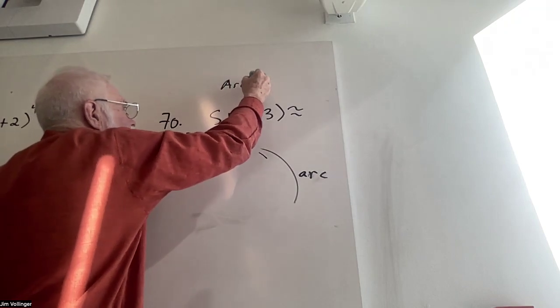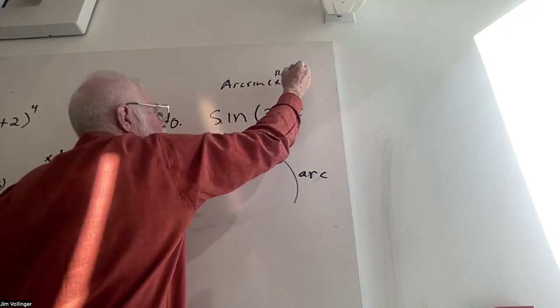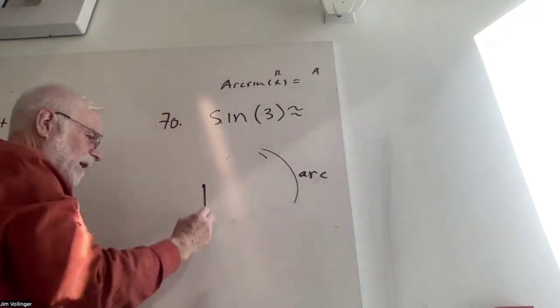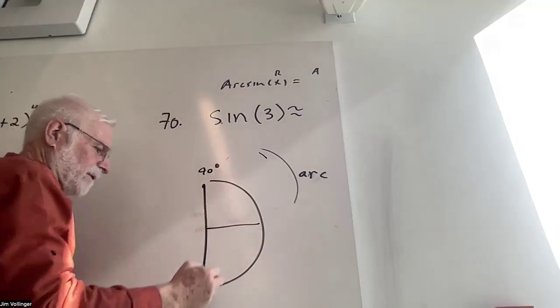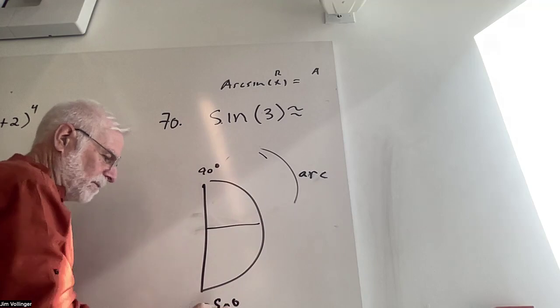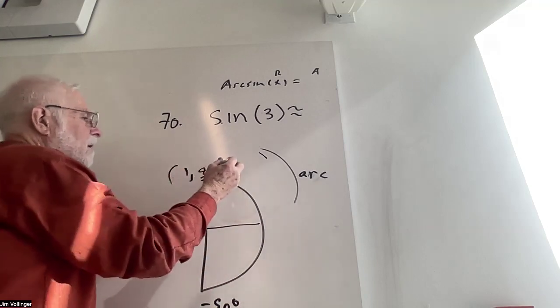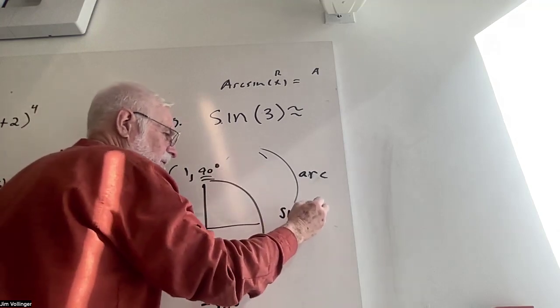I might as well talk about it right now, where that x now stands for the ratio, and we want to get an angle. So what does the arc sine look like? This part of the circle from 90 degrees to -90. Those are my answers. If I put a 1 in, the arc sine of 1 is 90 degrees because the sine of 90 degrees equals 1.